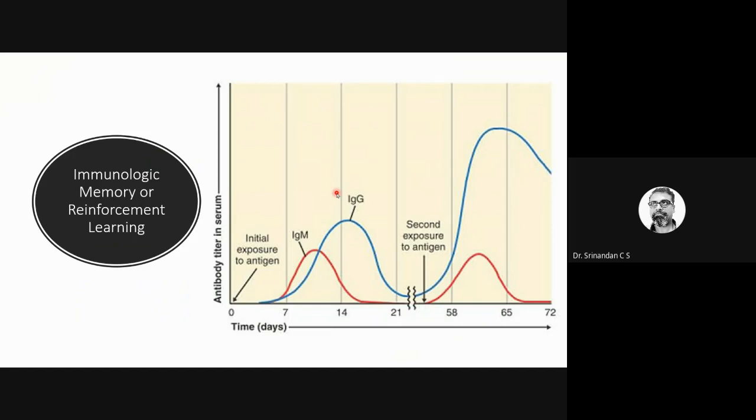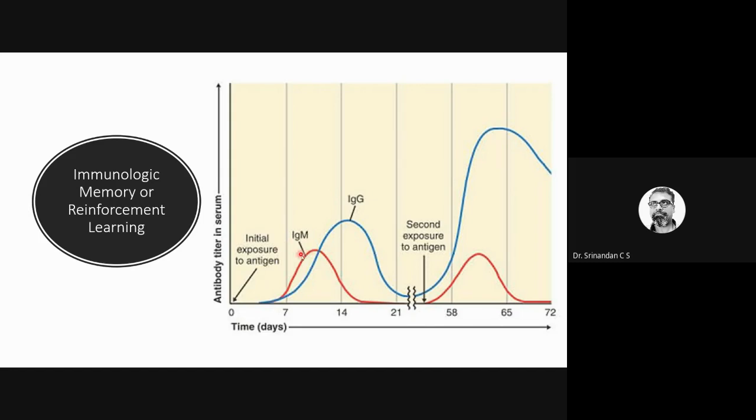Biologically, when you see how the immune response happens, when there is a pathogenic attack, as I told initially, immediately there will be IgM. IgM, as I told you, has around five antibodies present in one molecule.